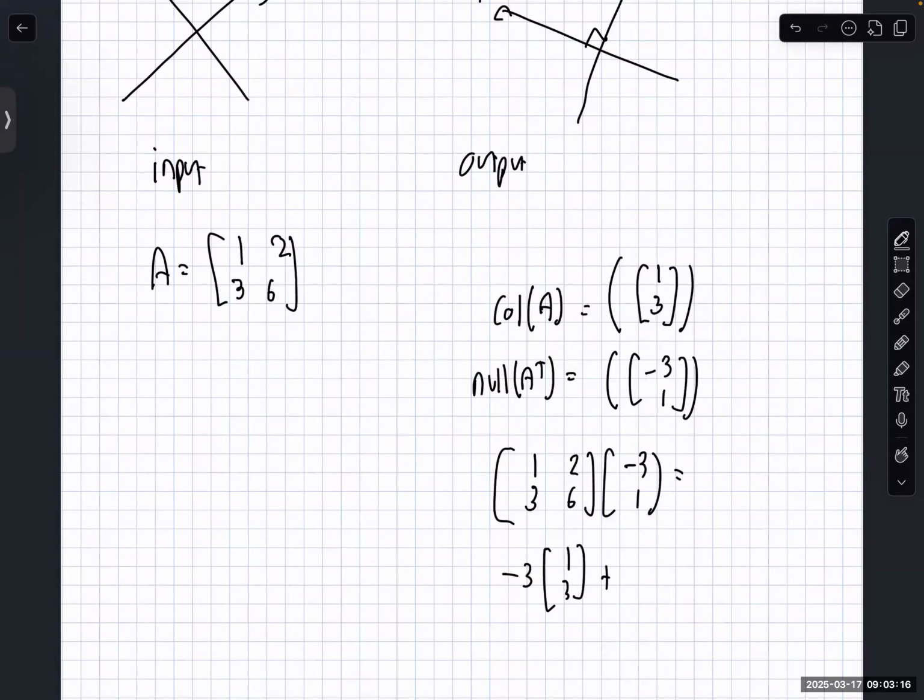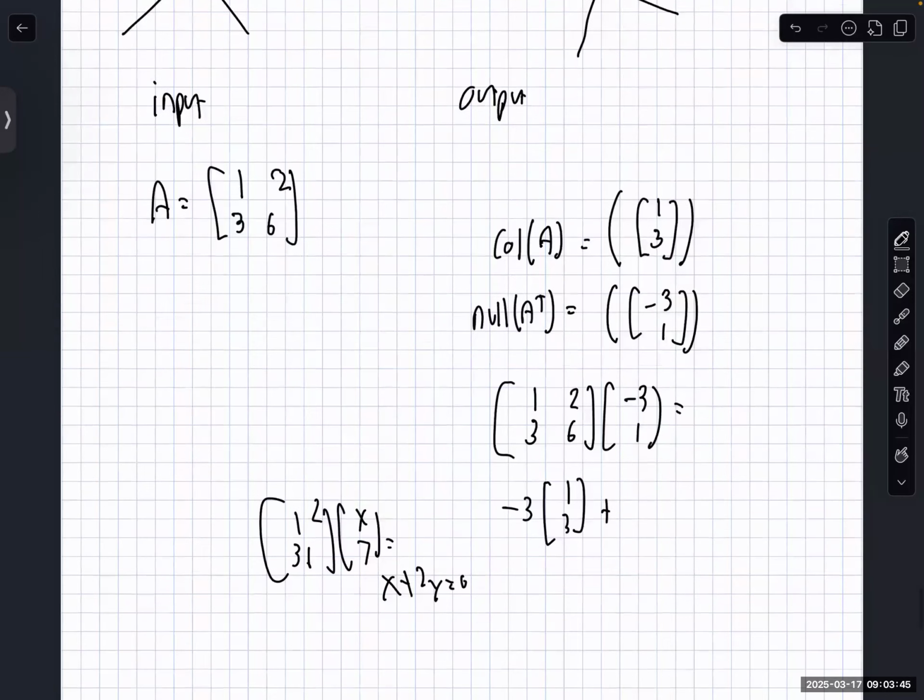Oh, wait a sec. Hello. Yeah, that's got to be right. Oh, hold on. Why isn't this working? Column space is 1, 3. Yep, that's there. So if I want something in the null space, oh, null space of A transpose.